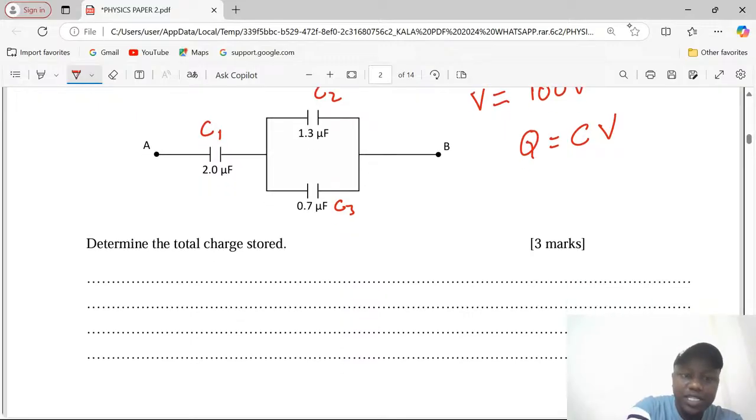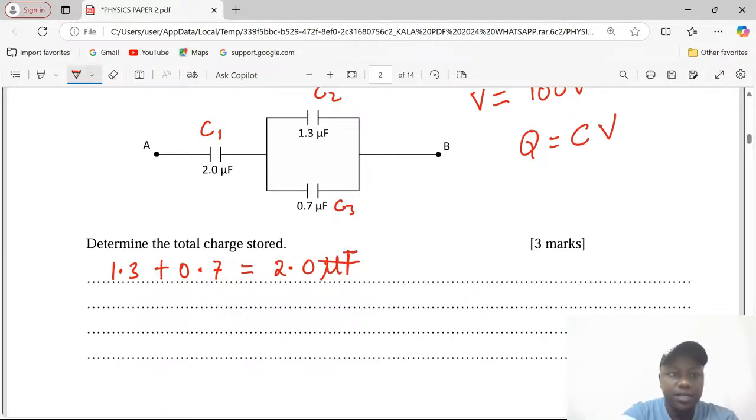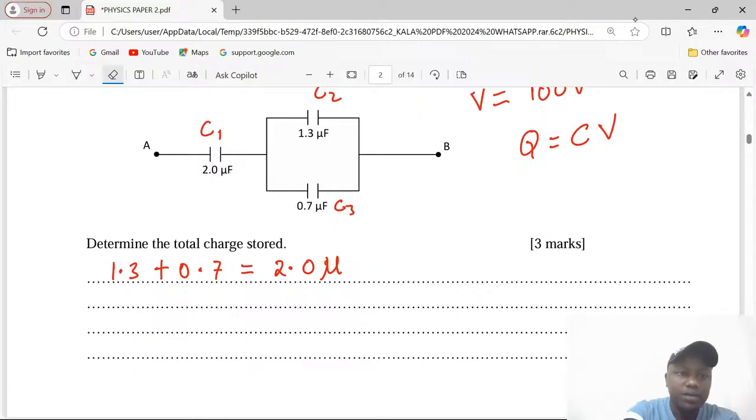So the total capacitance between C2 and C3 should be 1.3 plus 0.7. This will give us 2.0 microfarads.